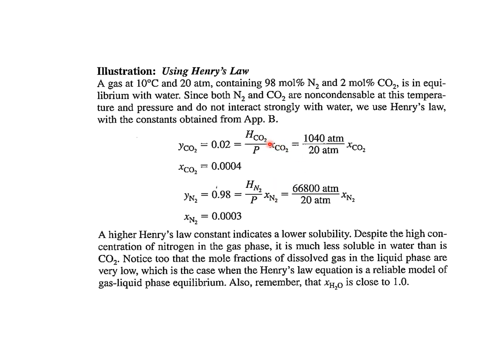So the Henry's constant of CO2 is 1040 atm and the Henry's constant of nitrogen is 66800 atm, and total pressure is 20 atm. So finally we could calculate the value for CO2 and nitrogen in the liquid phase. As you know, a higher Henry's law constant indicates a lower solubility, so you could check it.